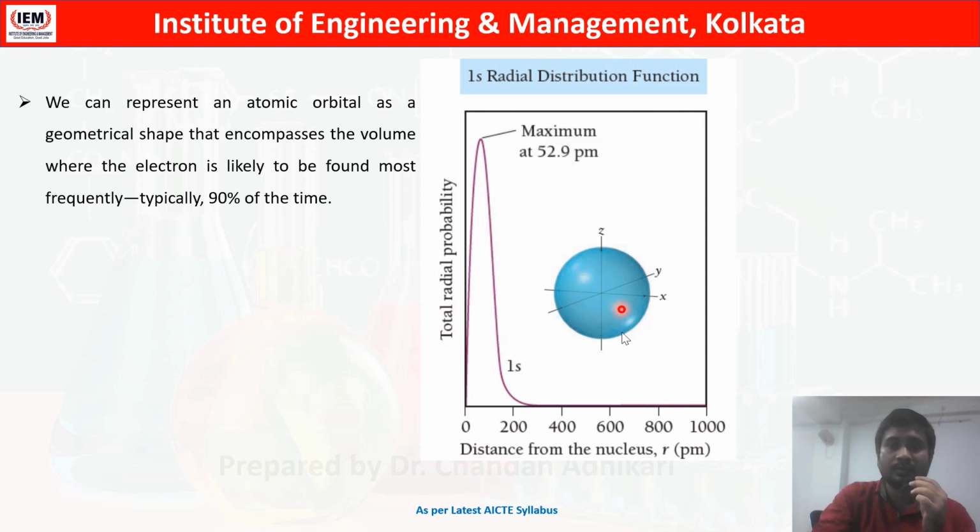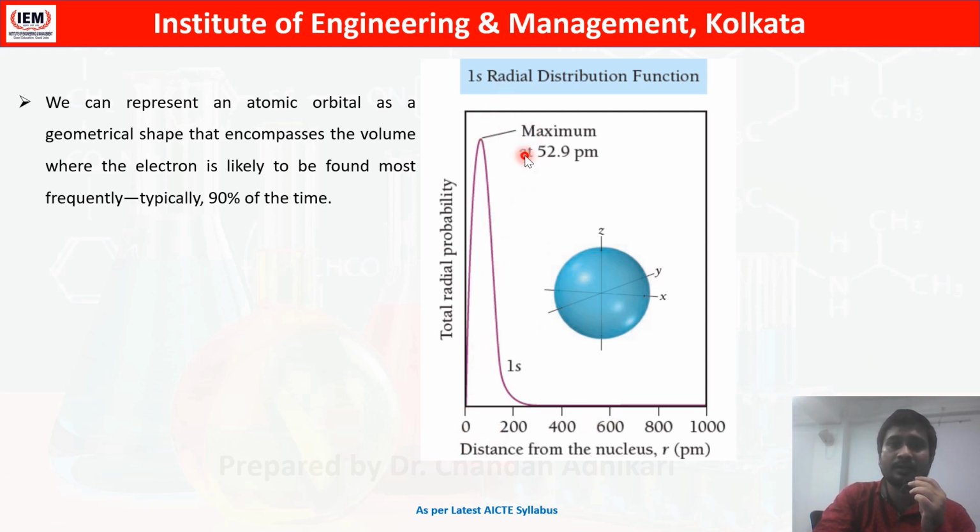Now if we plot the radial probability for the 1s orbital, what is the physical meaning of this radial probability? It is nothing but, if we move from the nucleus to a distance r, then we figure out where the probability of finding the electron is maximum, and we will get a plot like this.